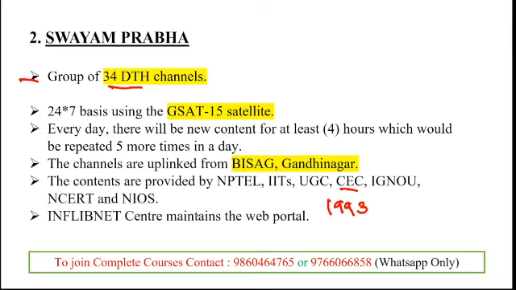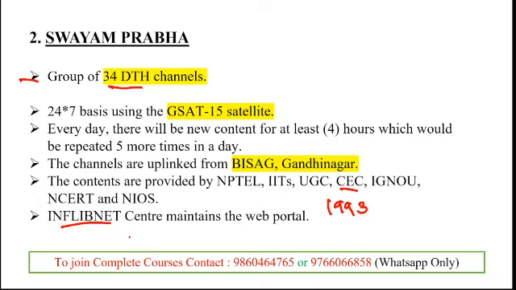Clear? Then the INFLIBNET Centre. It is the other important area that maintains the web portal. So the INFLIBNET is the one that maintains the web portal for Swayam Prabha, and INFLIBNET's full form is Information and Library Network.